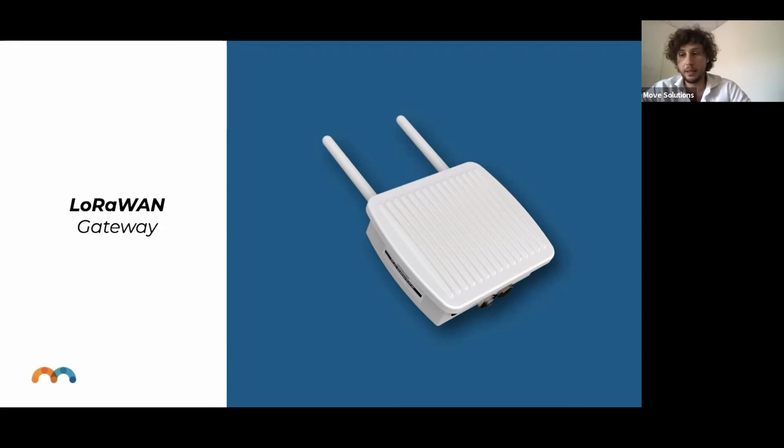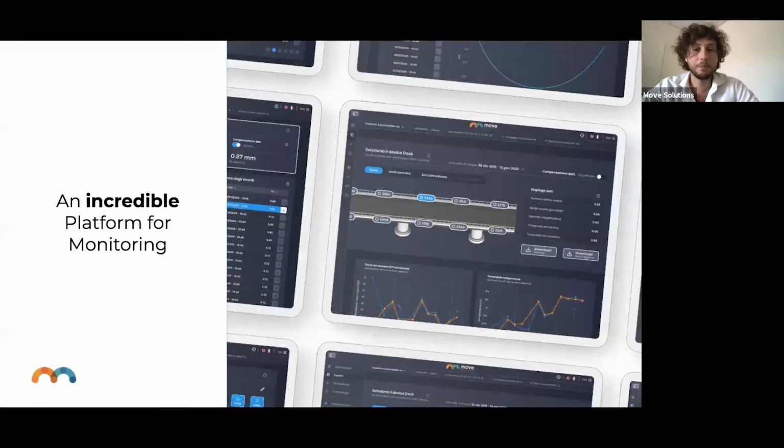It's rugged, with a nice case for damage that could happen outside. You could place it also on a pole, which is the preferable position, so you can catch a long range. You could use the LoRaWAN gateway also for other applications, not only structural health monitoring: for IoT, smart city, different kinds of applications. It's a really nice gateway.